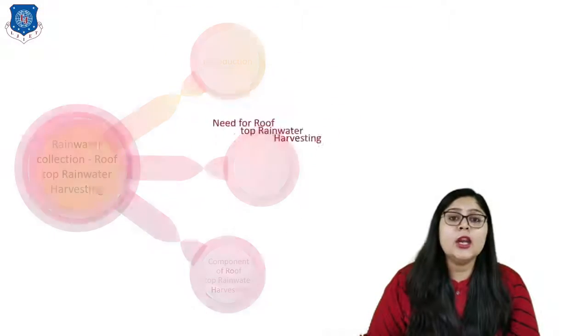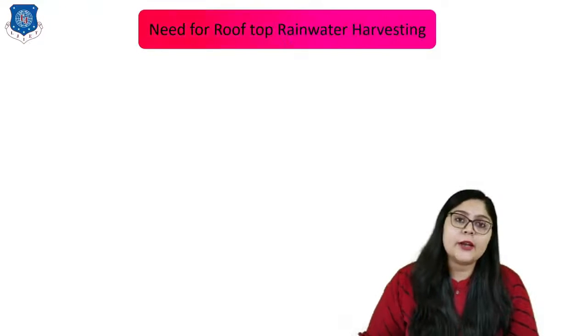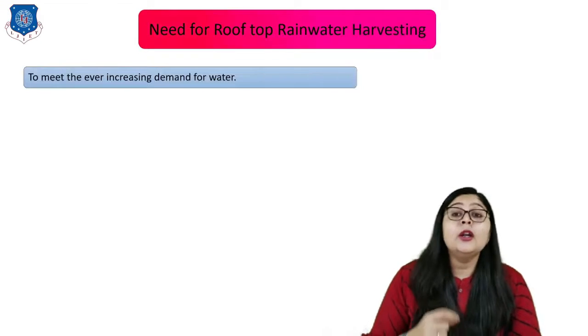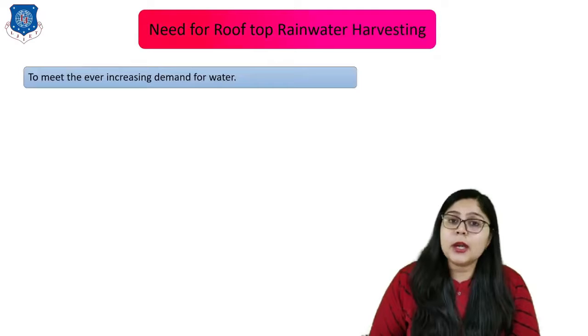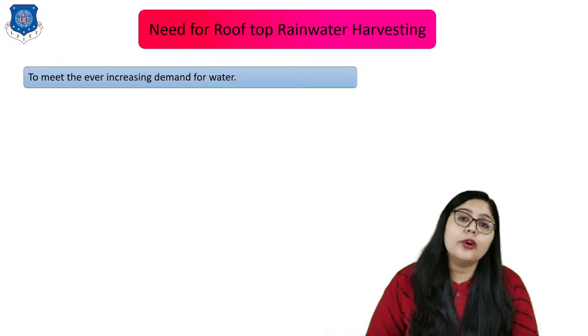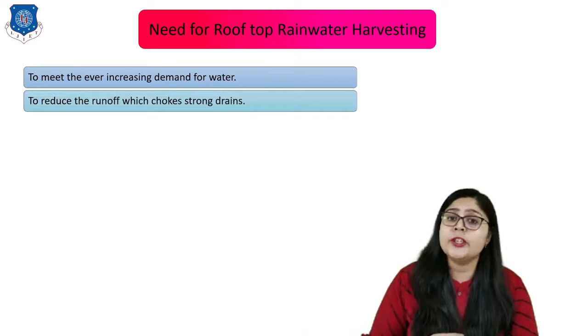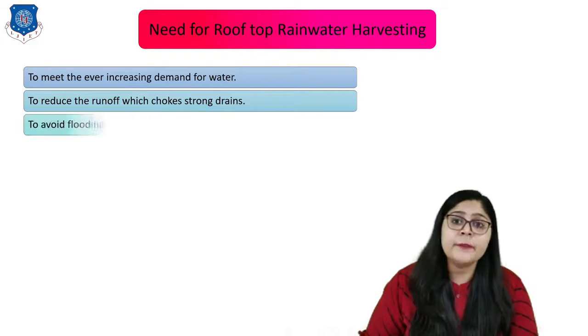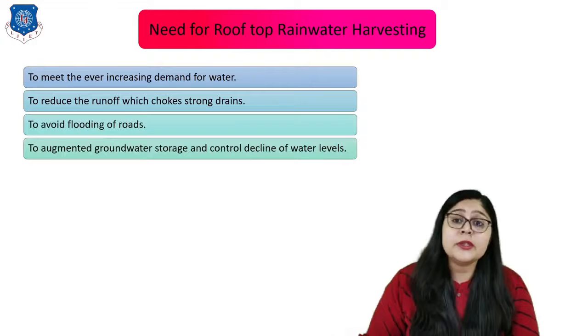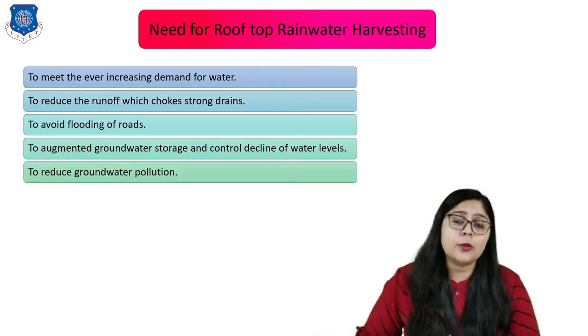Now let us see the need of rooftop rainwater harvesting. To meet the ever increasing demand for water, we have to go for this kind of harvesting. It reduces runoff, which chokes storm drains, avoids flooding of roads, augments groundwater storage and controls the decline of water levels, and reduces groundwater pollution.